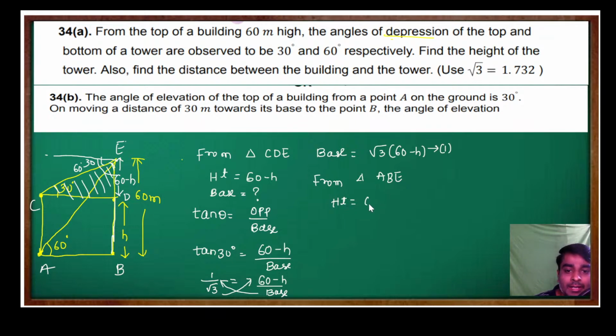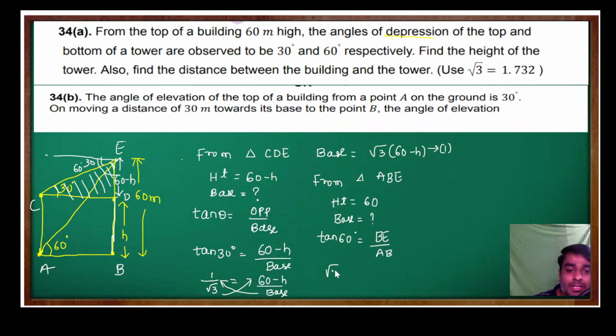Then we have to write the equation for base. Again I will use tan only. This time I will use tan 60. Tan 60 will be what? Height upon base. Height is BE divided by base is AB. Correct?